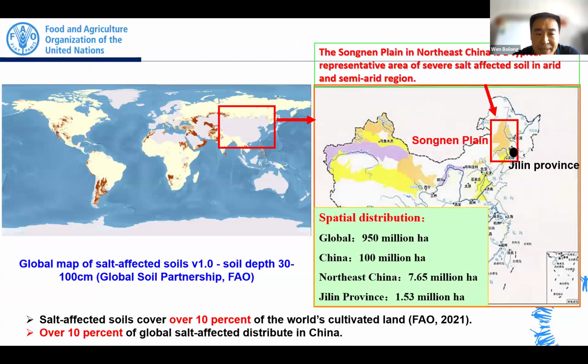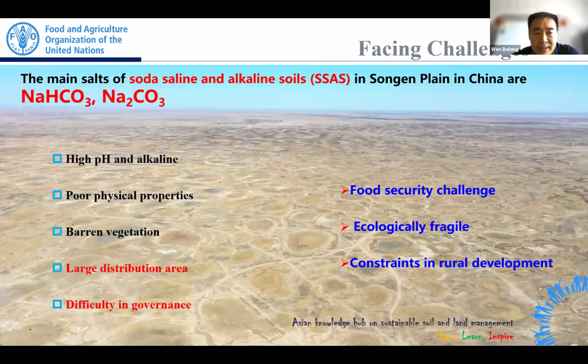So the Songnen Plain in northeast China is a typical area affected by salt in an arid and semi-arid region. The salt-affected soil in this area, we can call it soda saline. The main type of salt is soda. In addition to the high salt, the pH is also very high. It's very difficult to treat.